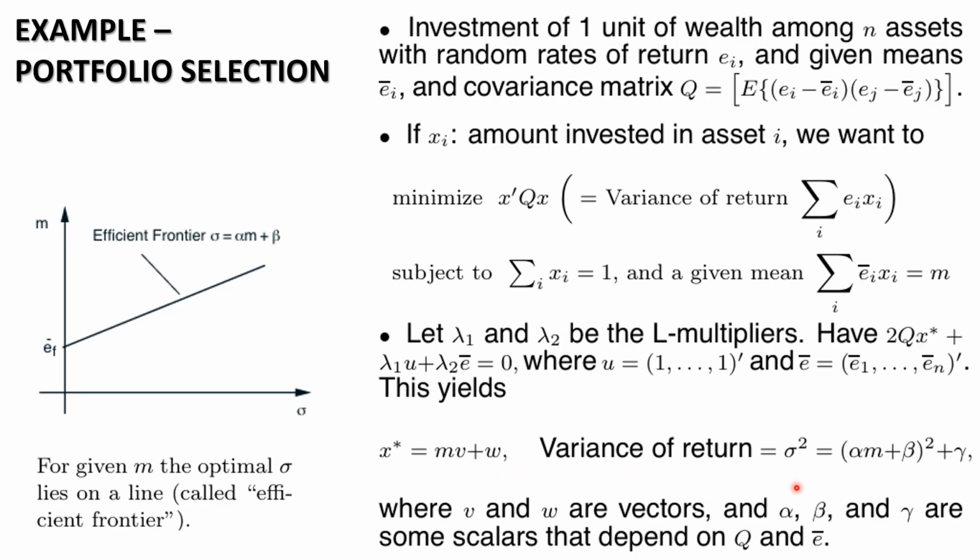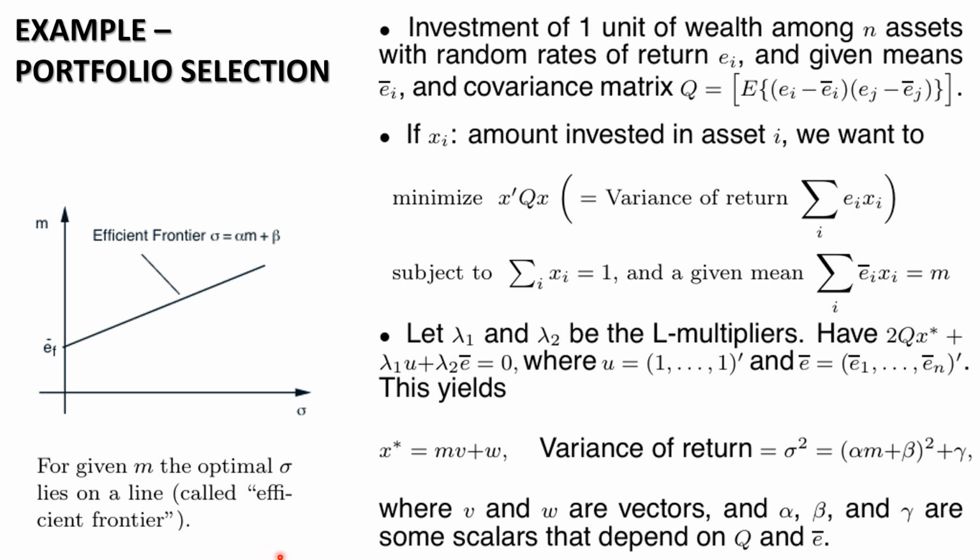The resulting variance of return is sigma squared equal to alpha m squared plus beta m plus gamma, where alpha, beta and gamma are scalars that also depend on Q and e bar. This is the parametric equation of the efficient frontier, a parabola in the risk-return space. It describes how much risk you must take to achieve a given return m.